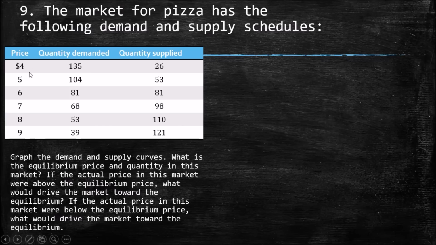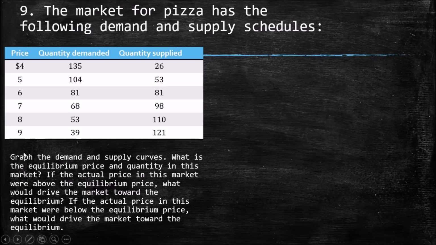Once the price is going up, the quantity demanded is going down. This is negatively related. On the other side, we have the quantity supplied, which starts from 26 at a price of 4 and goes up. So this is the case where it's positively related.